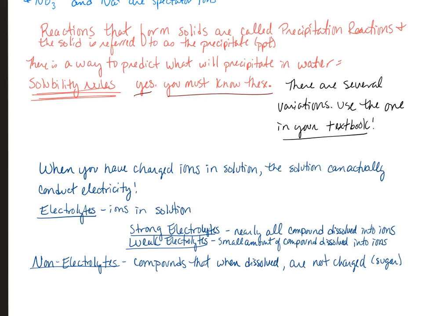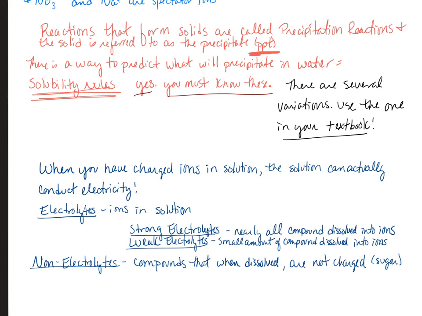So reactions that form solids are called precipitation reactions, and the solid is what we note as the precipitate, and this can sometimes also be abbreviated as PPT, which I know is like PowerPoint, but that's what we say.